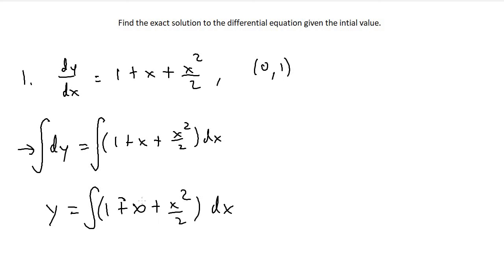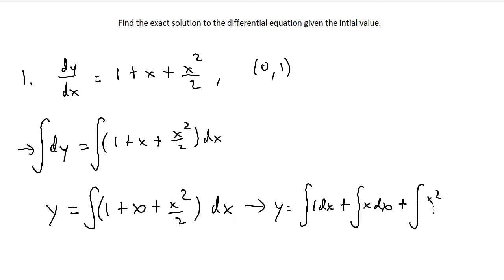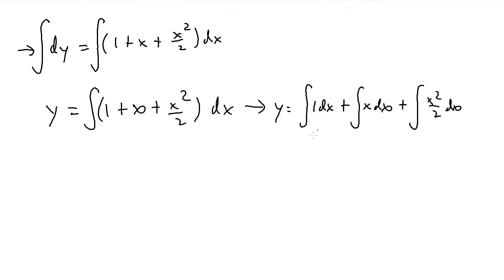Since there is a plus sign here and here, I can actually separate it out into 3 different integrals. I can say y equals the integral of 1 dx plus the integral of x dx plus the integral of x squared over 2 dx. Now the integral of 1 dx is just x, and the integral of x, we can use the power rule, is just x squared over 2.